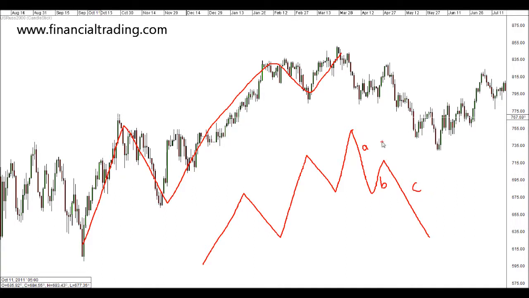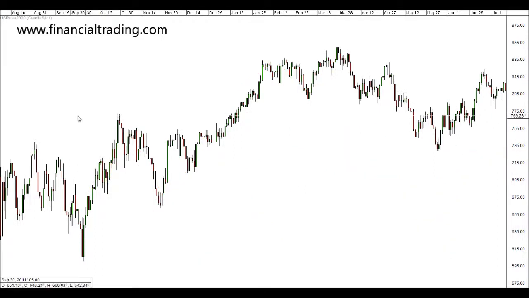Waves A and C should move strongly against the dominant trend. Now after this ABC zigzag formation, price will either downtrend or go for another 5-3 wave. So let's look at the Russell daily chart. We have 1, 2, 3, 4, 5.